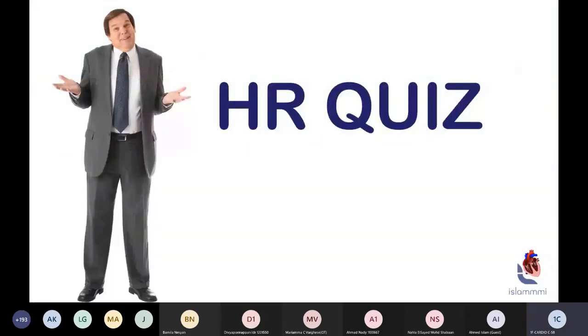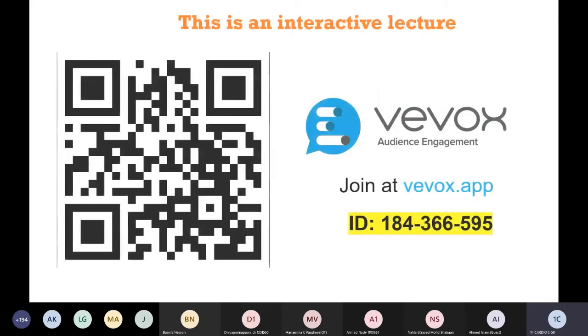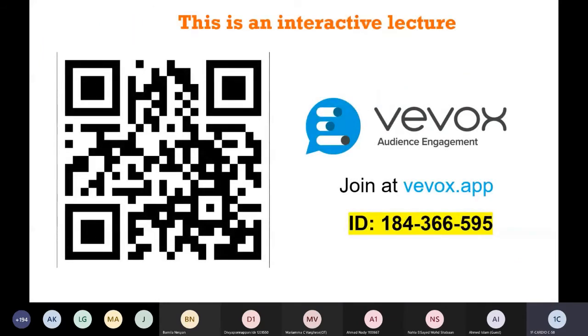So now it's your turn. For anyone having a problem, I will leave this screen for 10 seconds in order to scan the code, or you can go to vvox.app and enter this number: 184-366-595.